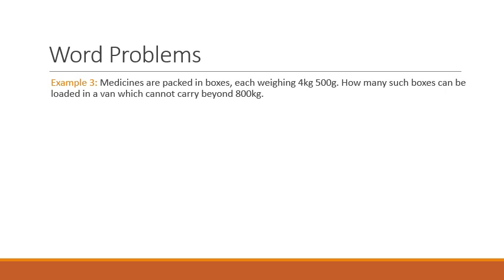The weight of each box is 4 kg 500 grams. So how many boxes of medicine can be kept in a van which can carry a maximum of 800 kg? Whenever we have to find some numbers, we have to use the division operation. So let's see the solution.